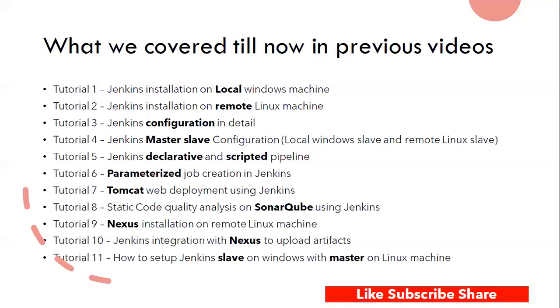After that, we have seen Nexus installation on remote Linux machine, and we have also seen its integration with Jenkins. And in tutorial 11, we have seen how to set up Jenkins slave on Windows with the master on Linux machine. So this is our tutorial number 12.